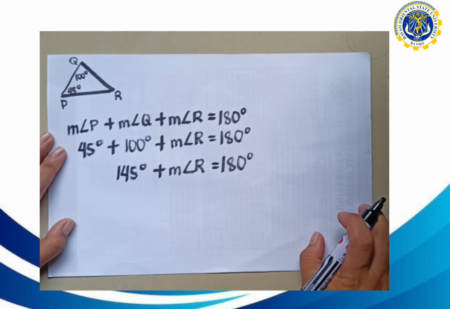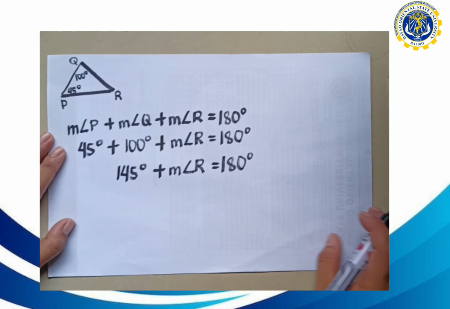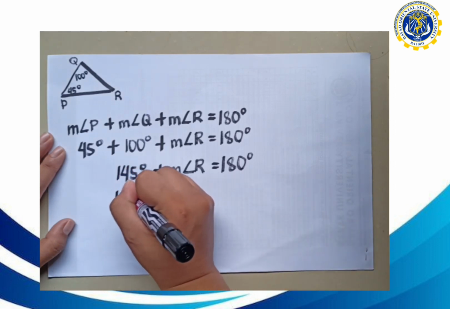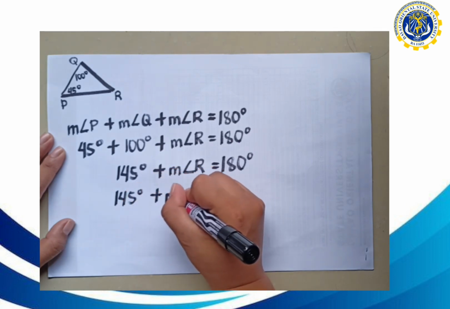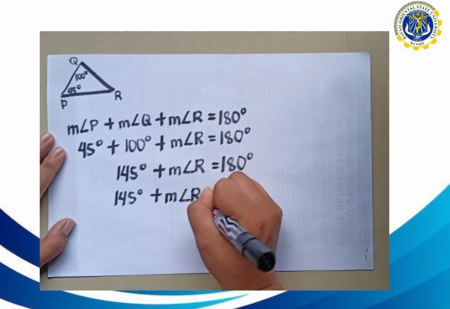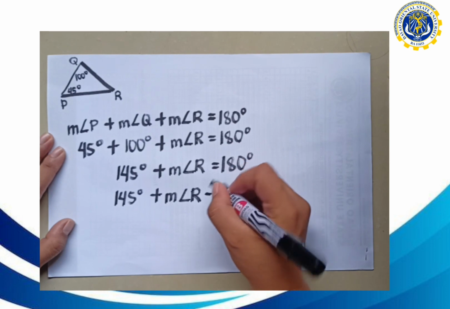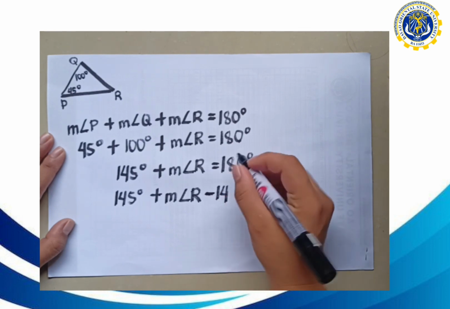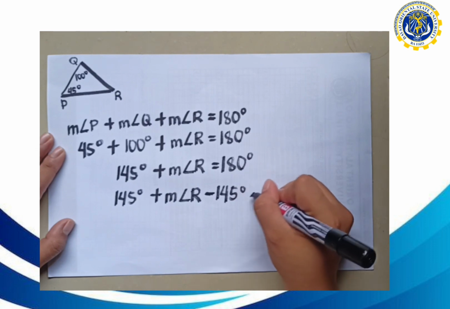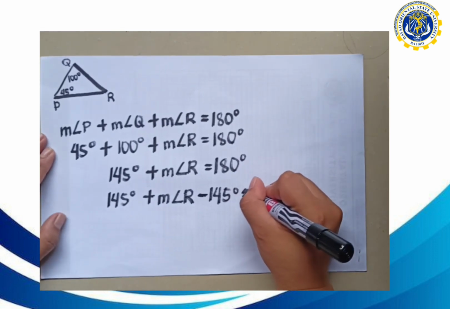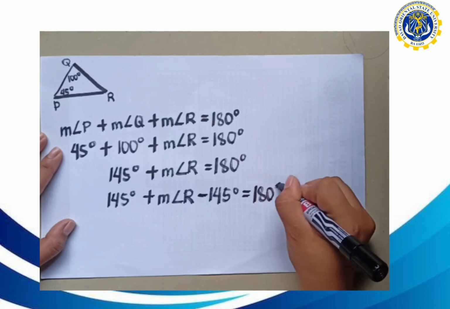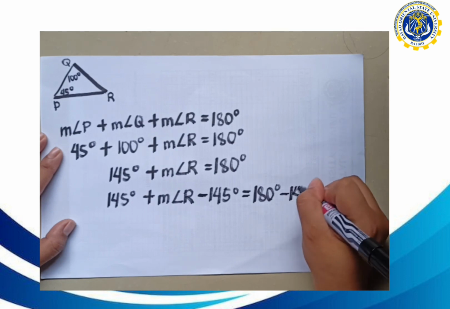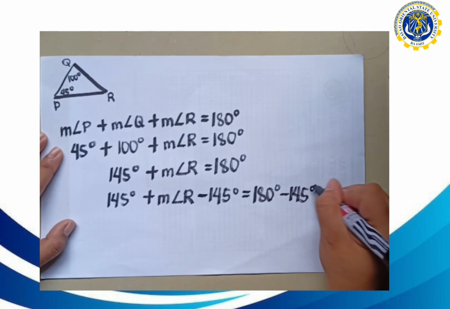Then you need to subtract 145 degrees from both sides. So you just need to copy the 145 degrees plus angle R minus 145 degrees is equal to 180 degrees minus 145 degrees.